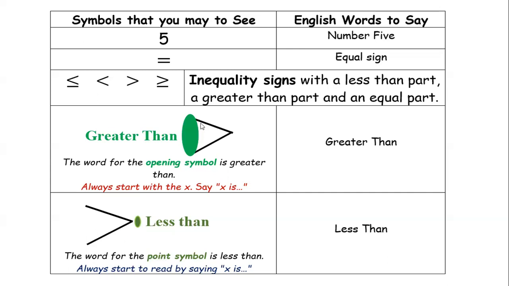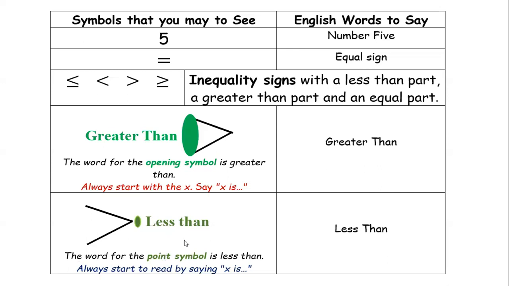If you look at it, these 2 symbols are pointing in the same direction. The point is called less than, not the symbol. This point is called less than, the opening is called greater than. The word for the point is less than.